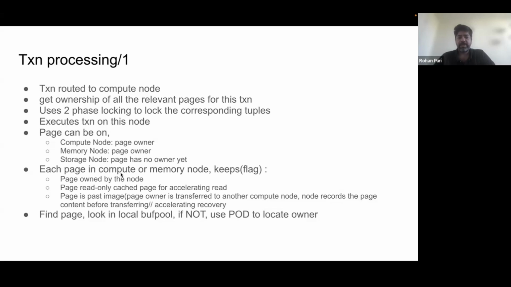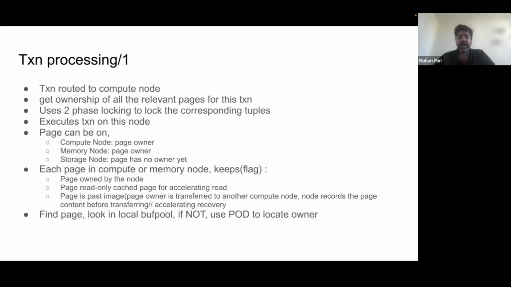Each page in a compute or memory node keeps some information: which node owns this page, whether this page is only a read-only cached page to accelerate reads, or whether it has a notion of past image, which is also used to accelerate recovery. We'll probably see that briefly in future slides.